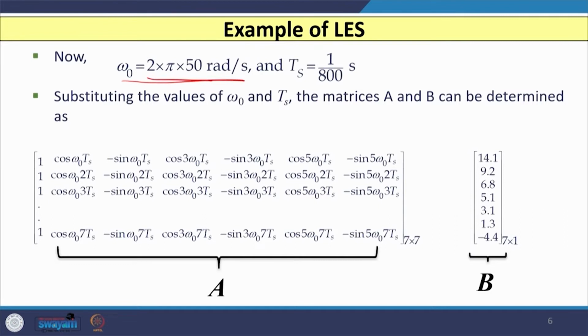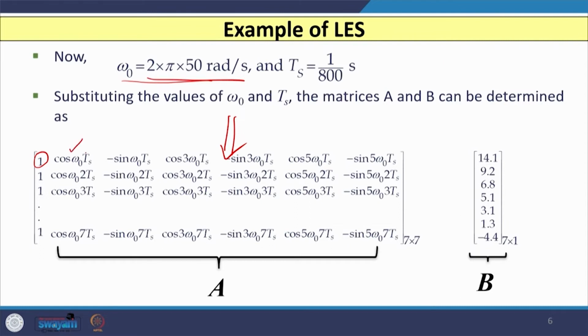If we substitute the values of omega 0 and Ts, the matrices A and B look like this. In matrix A, in the first row the first component is 1, the coefficient of the DC.